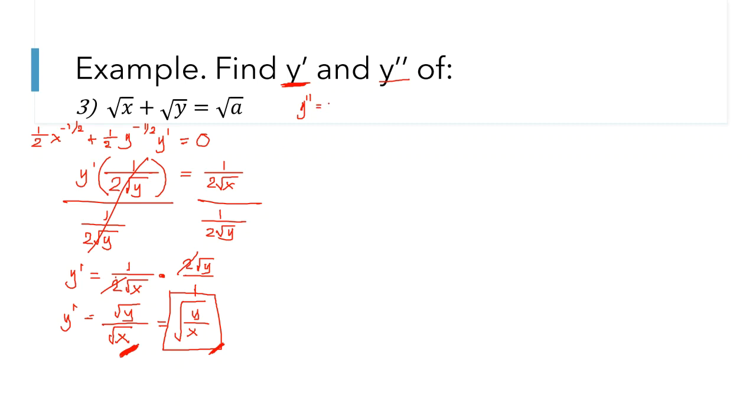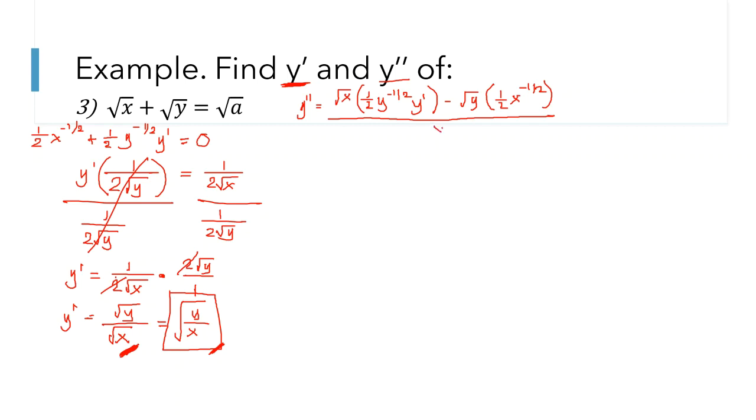So this would be square root of x times 1/2 y raised to negative 1/2 y prime minus square root of y. That's v du minus u dv. So that is 1/2 of x raised to negative 1/2 all over the square of the denominator.